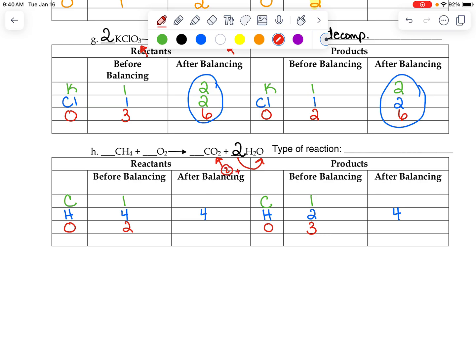So I've got 2 plus 2 more means I have 4 of the oxygen atoms coming out. So if I put a 2 in front of my O2 here, that's going to give me 4 of them going in. I still have 1 carbon going in, 1 carbon going out, 1, 4, 4, 1, 4, 4. I am now balanced, and this is a combustion reaction.